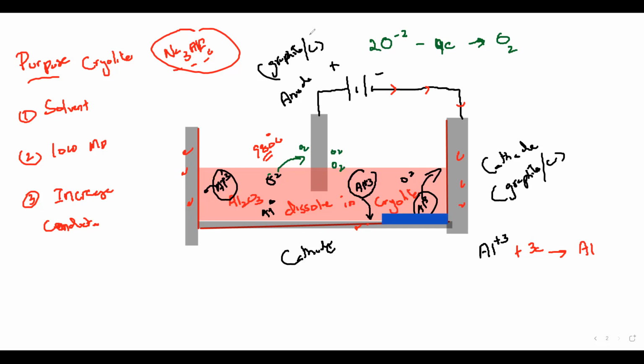But because the temperature is very high, due to this high temperature, the carbon starts to react with oxygen and forms carbon dioxide.